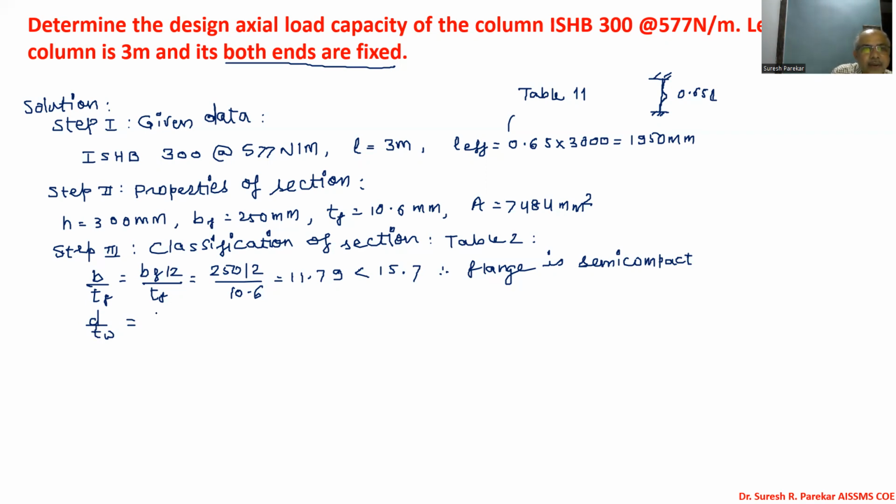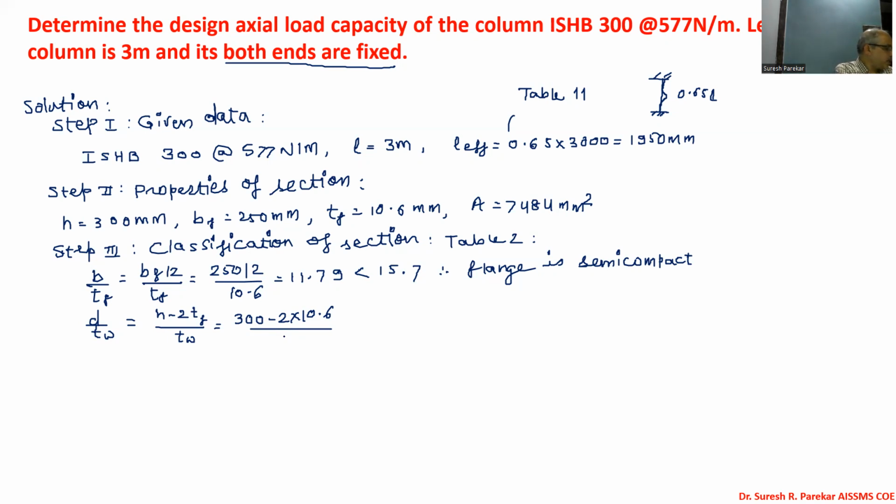So we have h minus 2tf divided by tw. So we have h, that is 300 minus 2 into 10.6 divided by tw. Value of tw, we have ISHB 350. So we have to just go to ISHB 350.